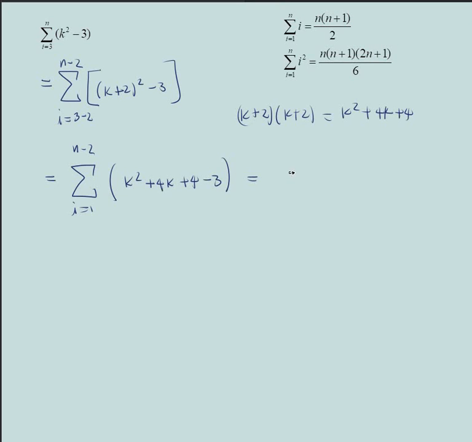So the summation that we are actually going to work with now goes from 1 to n minus 2 of k squared plus 4k plus 1.